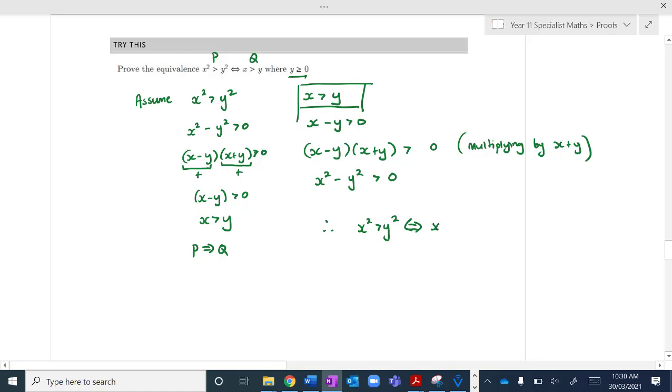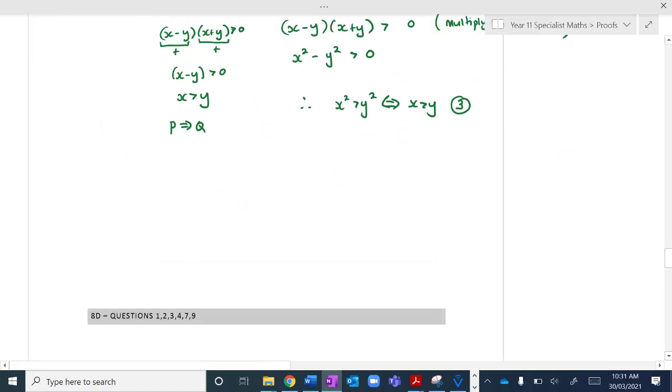We've just proven equivalence. So we've done it. Step 1. Step 2, prove the converse. Step 3, we've now proven equivalence. So that's really as far as it goes. We're not going to go too much further than that, and really, that's about all I have to say for it.